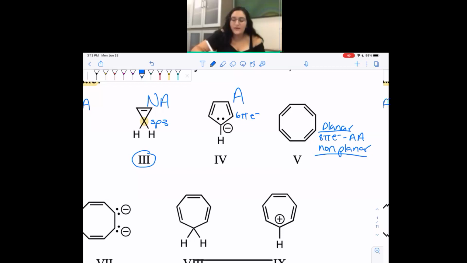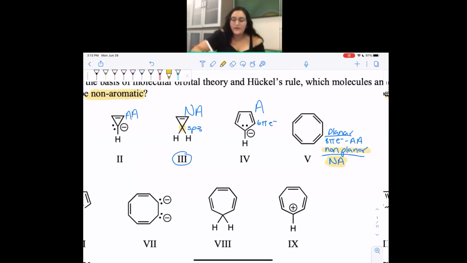If it's non-planar, it's going to be non-aromatic. So you guys tell me, which one is more stable, planar or non-planar? Non, exactly. I agree. So this one is going to be non-aromatic, and it will be non-planar.